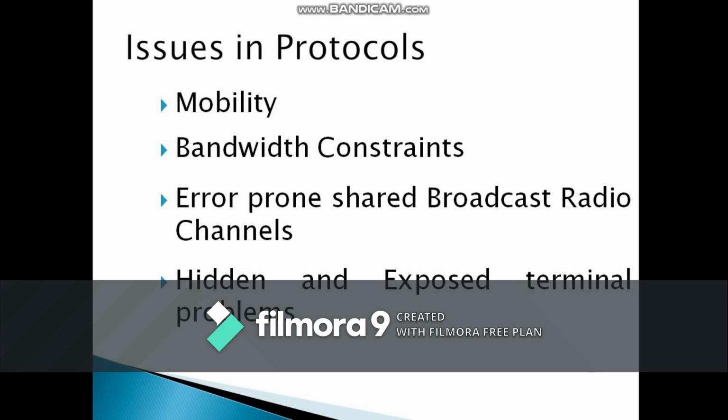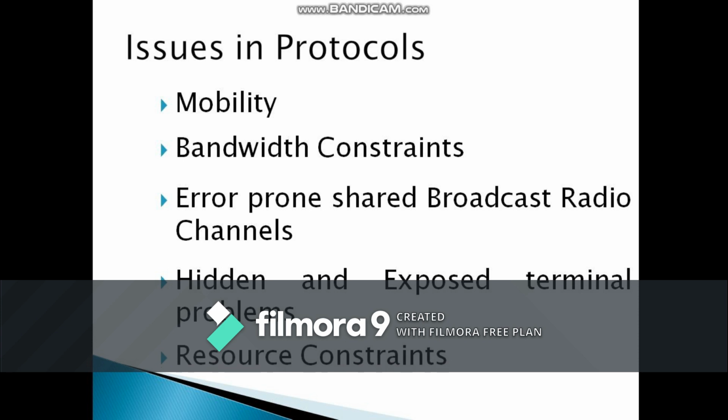Collision occurs when both nodes transmit packets at the same time without knowing the transmission of the other. The solution for this type of problem is MACA, medium access collision avoidance, which will remove this problem. The exposed terminal problem refers to the inability of a node, which is blocked due to transmission by a nearby transmitting node, to transmit to another node.